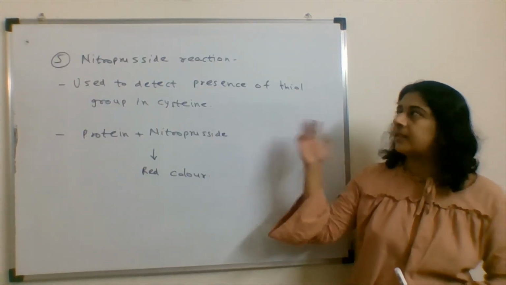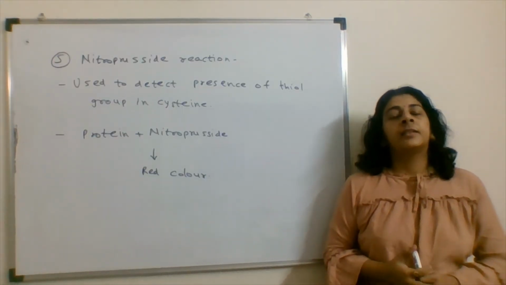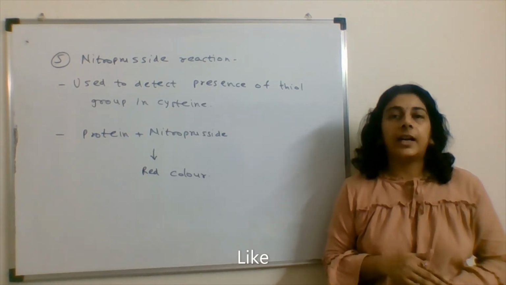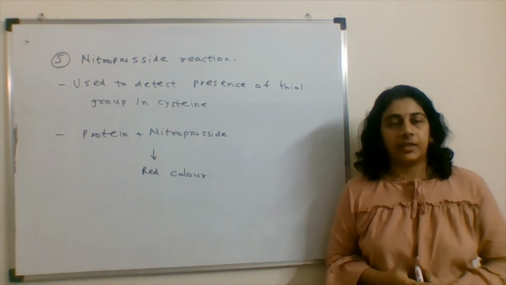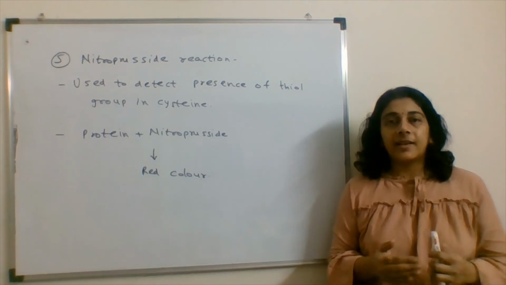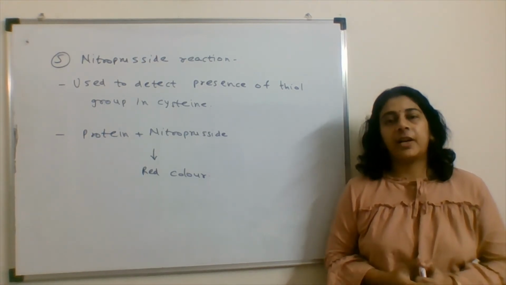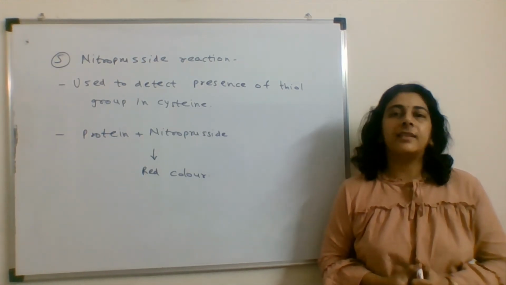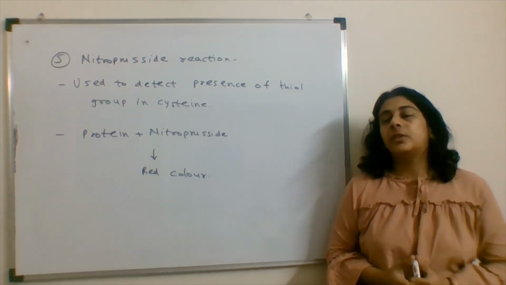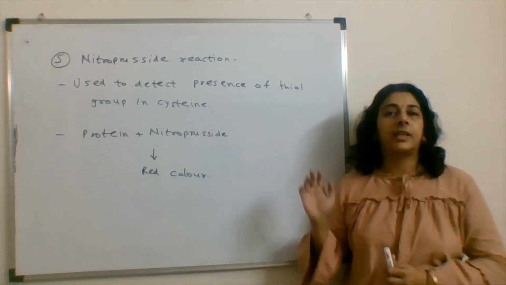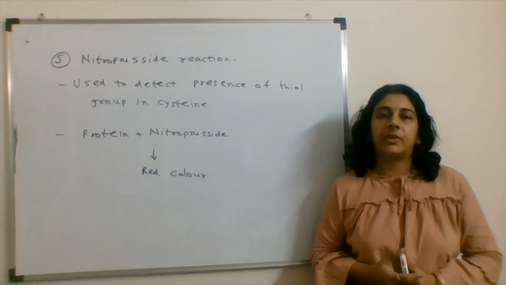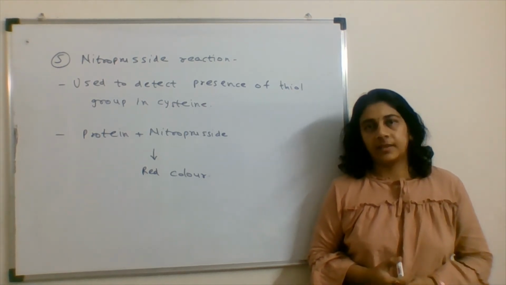The next one is the nitroprusside test. This is used to detect the thiol group in the protein. So thiol group is an SH group, we also call it a sulfhydryl group. To detect the sulfhydryl group or thiol group in a protein, we perform the nitroprusside test.